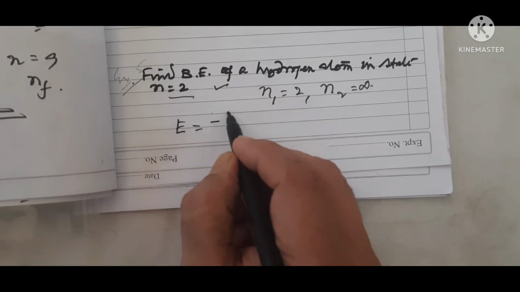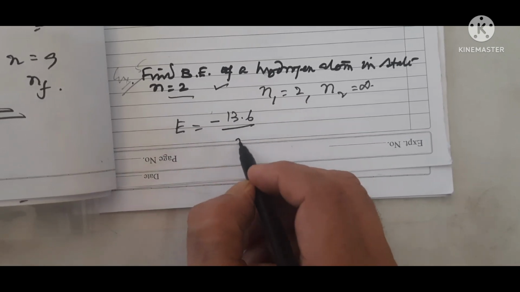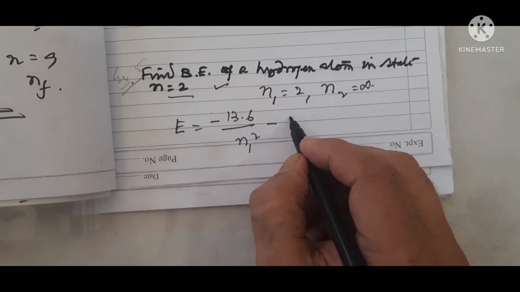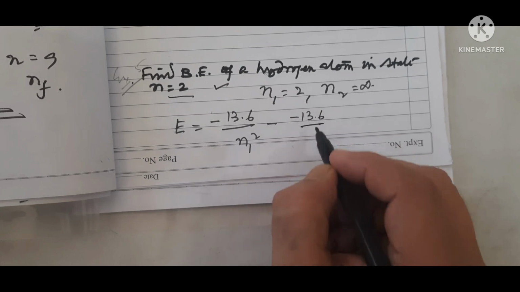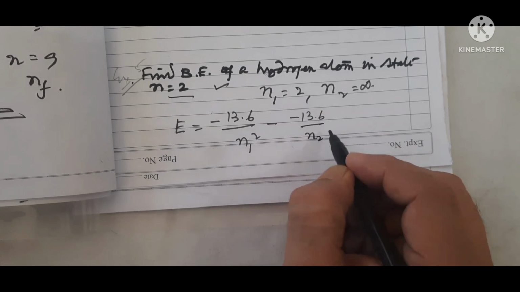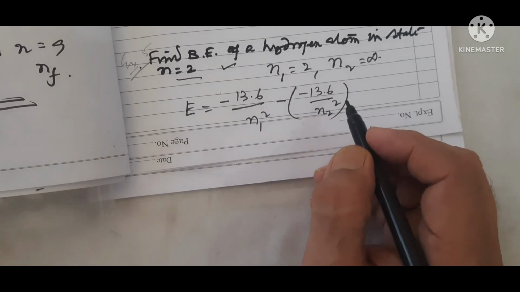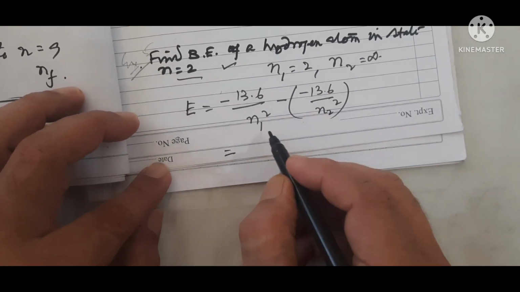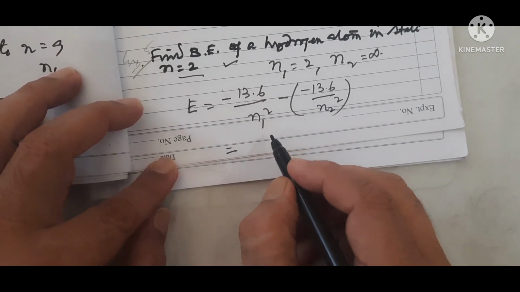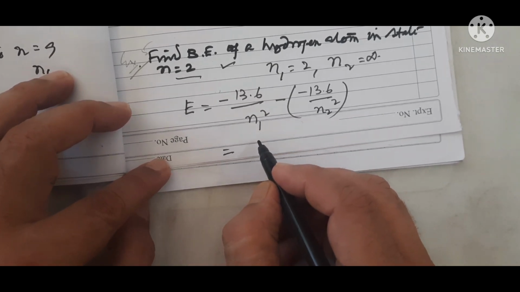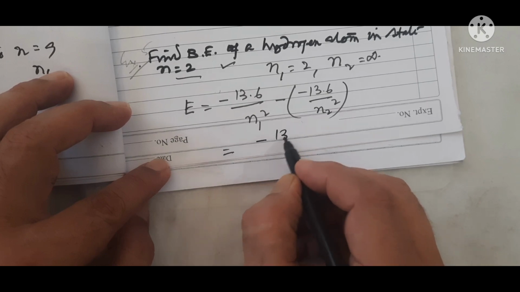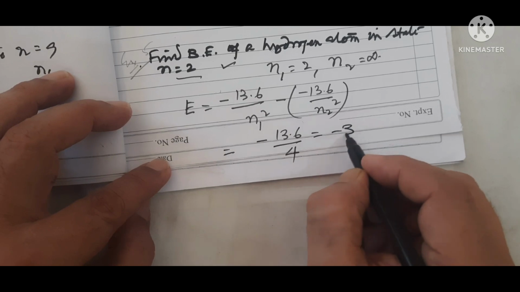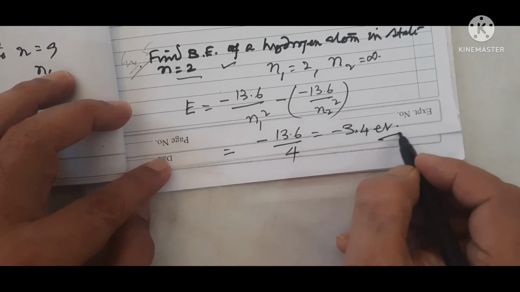E इज इक्वल टू -13.6 बाई n1 स्क्वायर, ये फॉर्मूला होता है, मालूम है सबको, -13.6 बाई n2 स्क्वायर. तो कैलकुलेट करके जो आंसर आएगा क्या आएगा, 1 बाई इन्फिनिटी जहाँ पर है ये कॉमन ले लिए, 1 बाई इन्फिनिटी इज़ 0, so you will get the minus 13.6 by 4 is equal to minus 3.4 electron volt. That should be your answer.